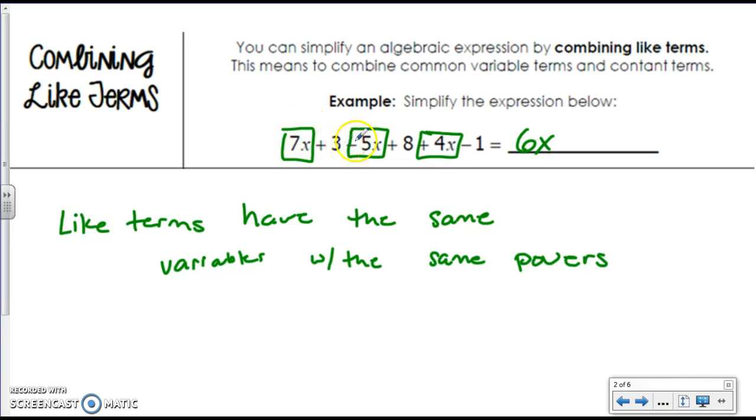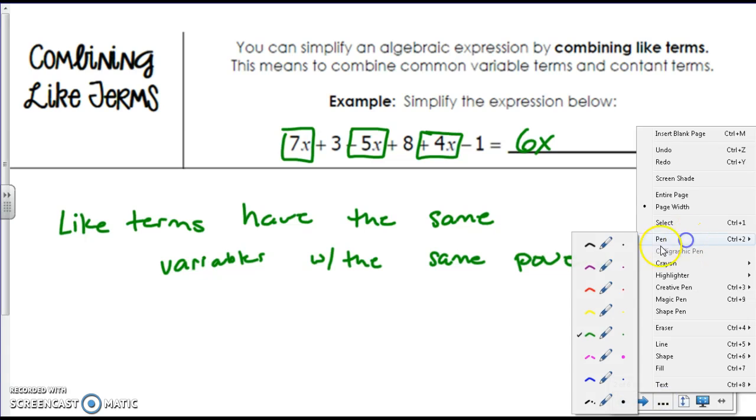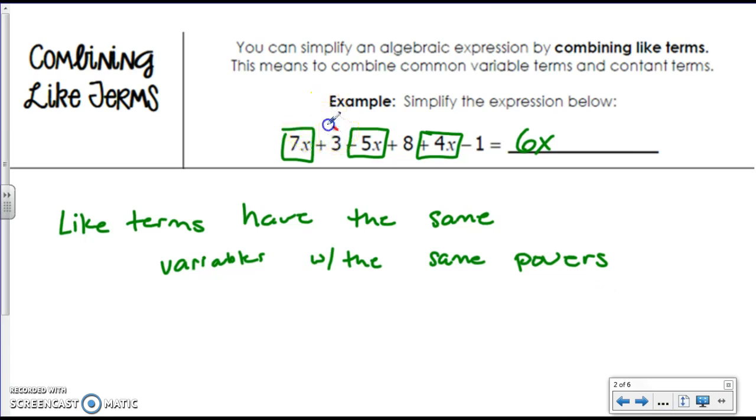So 7 minus 5 plus 4 is 6, so 6x. Okay, then we are going to combine our constant terms together. So I have 3, 8, and negative 1. So 3 plus 8 is 11. 11 minus 1 is 10. So simplified, our answer here is 6x plus 10.